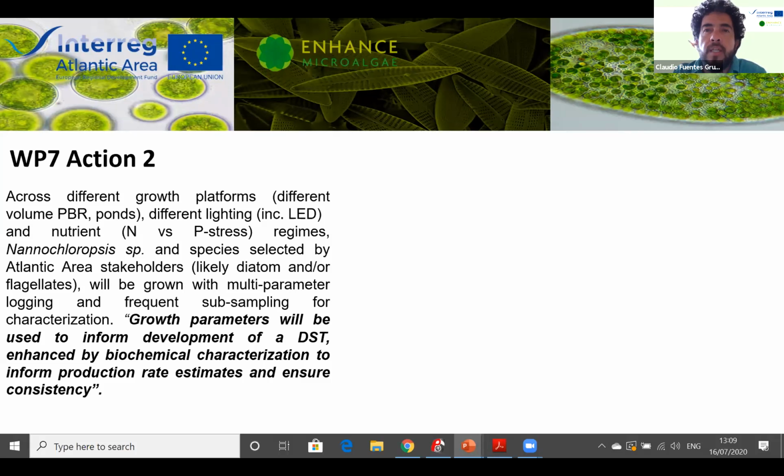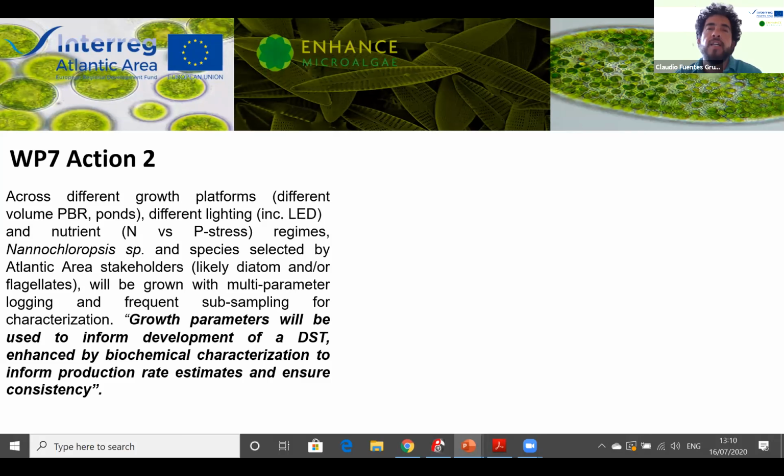But the idea is also to produce new biomass from new strains. We have been doing a lot of work with cyanobacteria, producing Nostoc and other types of cyanobacteria that are rich in different valuable compounds.